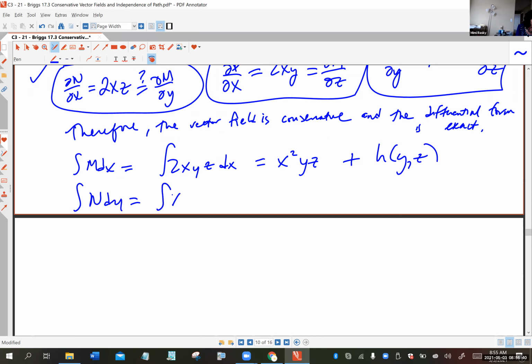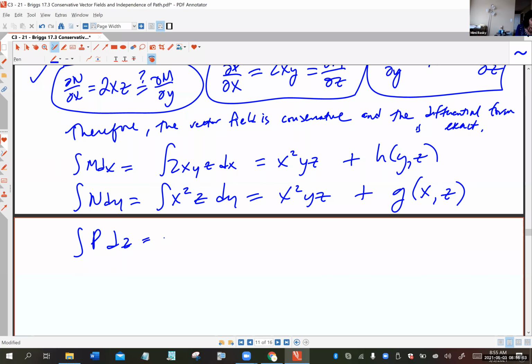The integral of x squared z dy is just going to be x squared yz plus g of x and z. And then finally P dz. P was x squared y, and integrate that with respect to z. Oh my God, all of these are just duplicating. Everything is a duplicate. Do not add all these together.